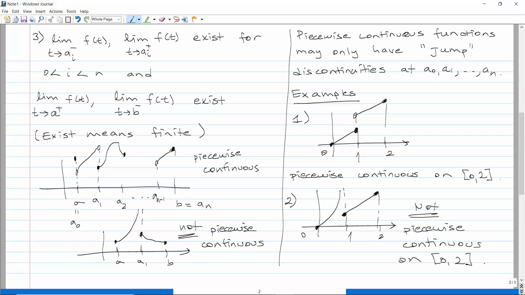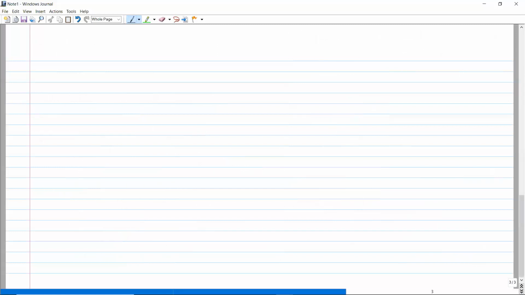Another reason for a function being not piecewise continuous: it may have jump discontinuities, but the points of jump discontinuities on a finite interval should also be finite. If you have infinitely many, for example, consider the function.